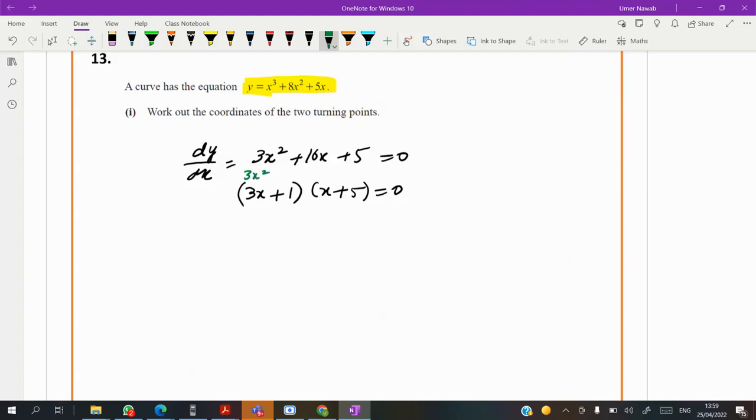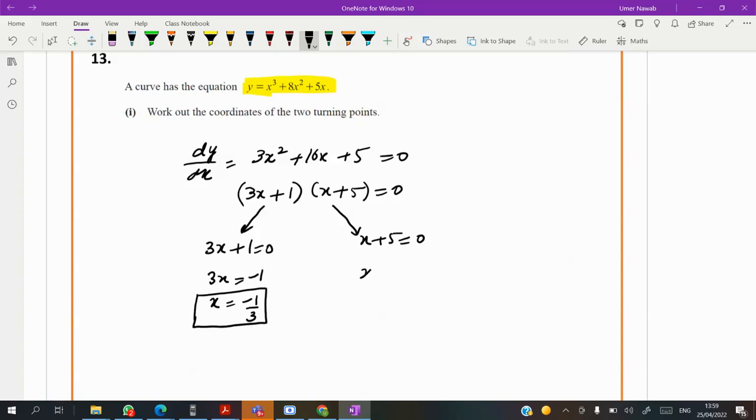So 3x squared plus 15x plus x plus 5 equals 0. If you want to write it, otherwise, no need. Now put this factor equal to 0. So 3x plus 1 equals 0, x is equal to minus 1 over 3, and x is equal to minus 5.